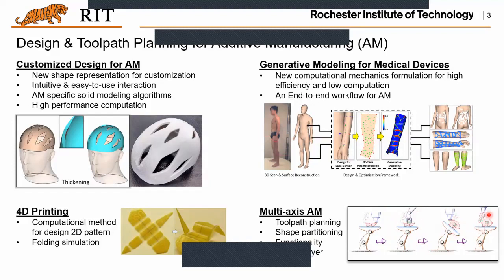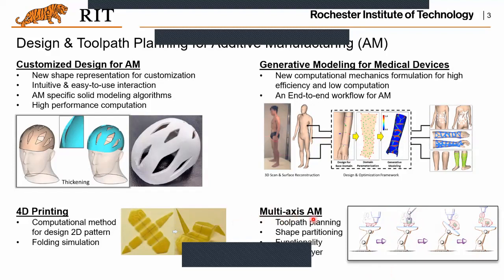And after completing the printing, you have a fully functional product instead of still requiring assemblies and so on and so forth. Also, you can even print layers instead of a planar layer, but a curved layer. So all those possibilities could bring benefit to additive manufacturing.